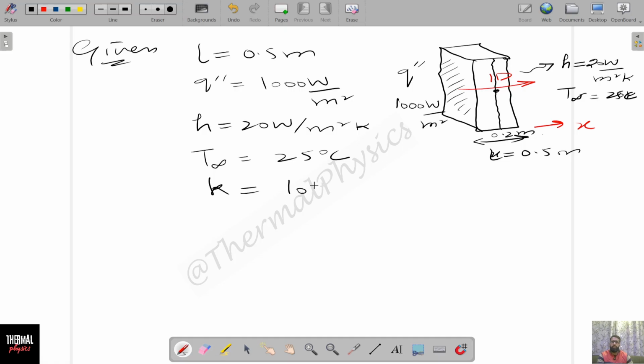So k, let's say, is 10 watt per meter Kelvin. These are the given parameters, and we will learn how to solve this problem analytically, and then how to apply this convective heat transfer coefficient using COMSOL.